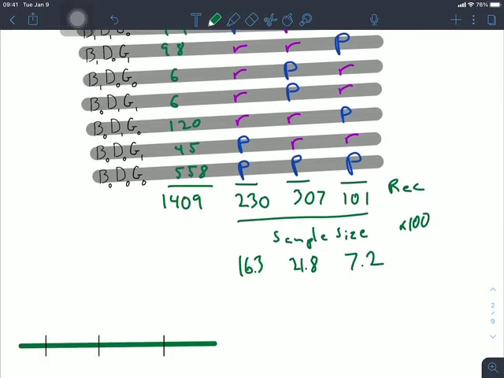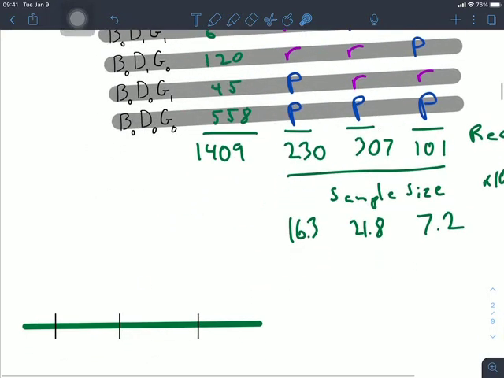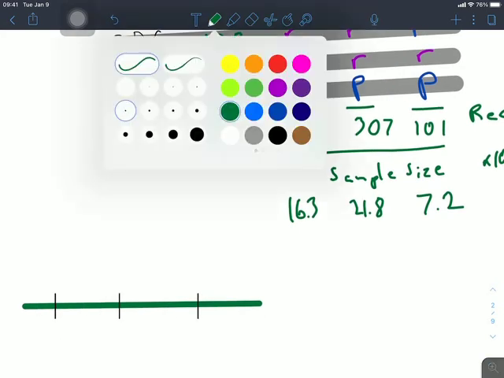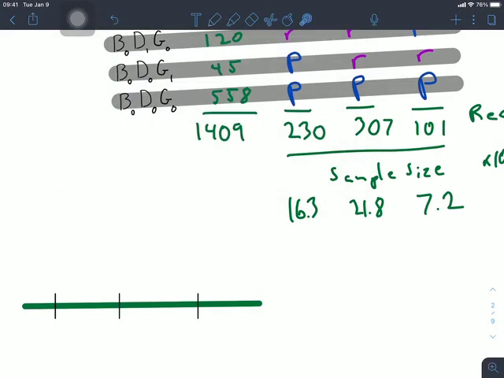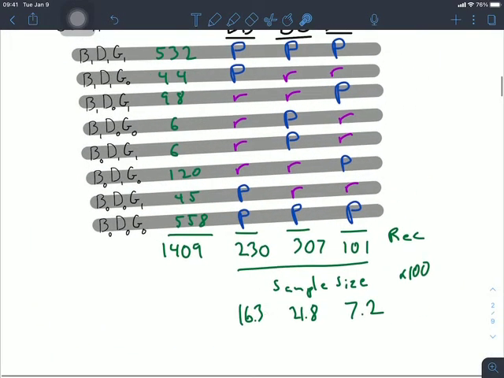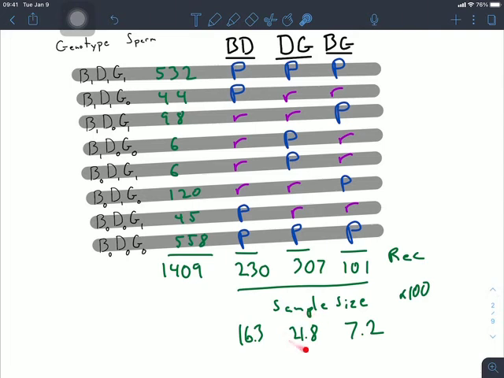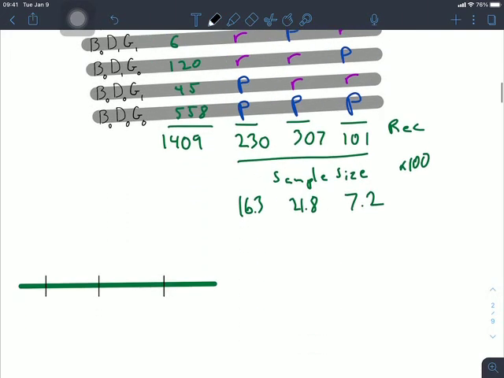So, with these values, we should be able to plot the order of the loci on a chromosome. Your answer for this should show which of these two are farthest apart. We see that D and G are farthest apart.